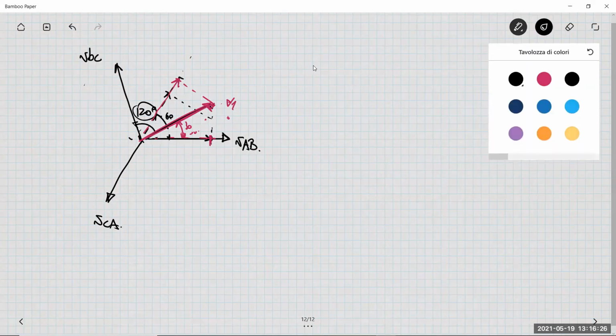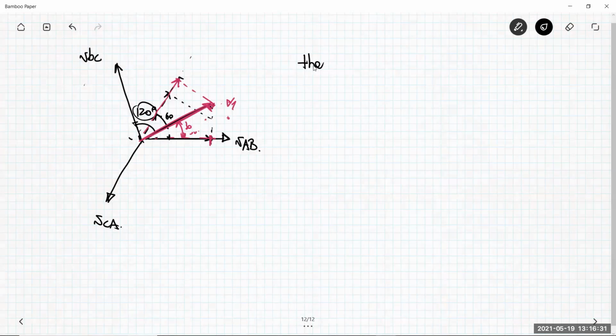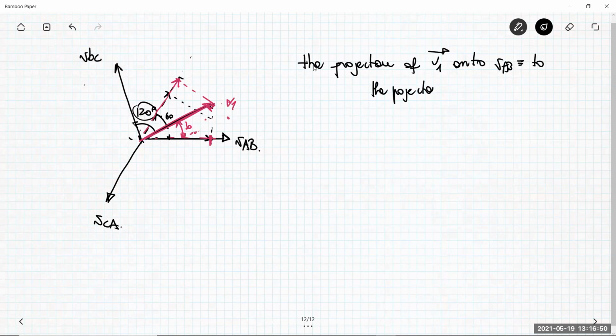Okay, so summarizing with this construction, the projection of V1 onto VAB is equal to the projection of V1 onto VCA.